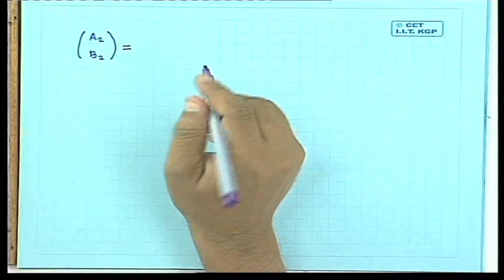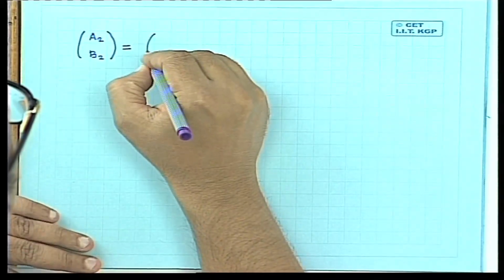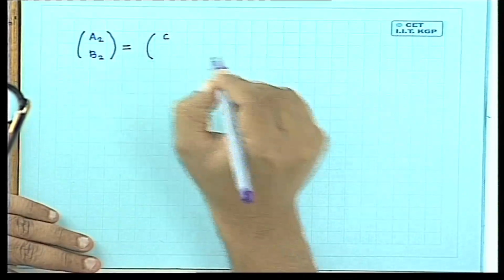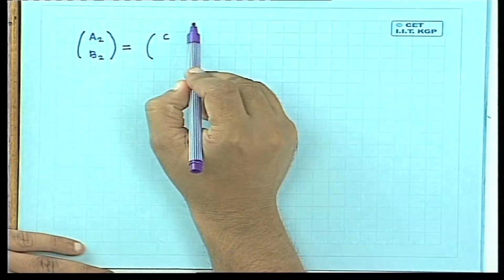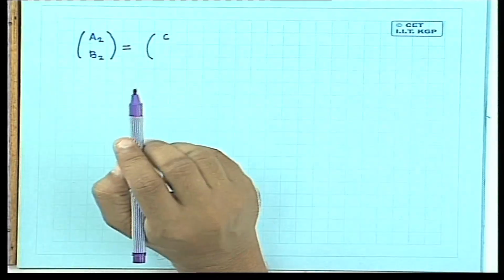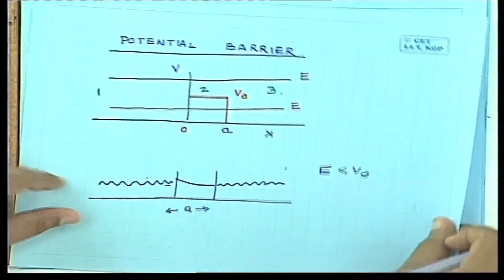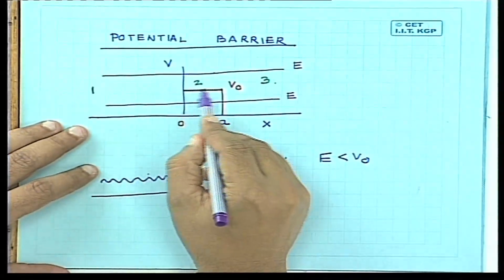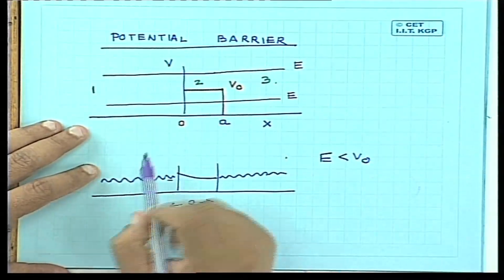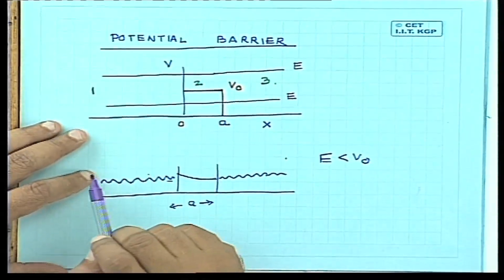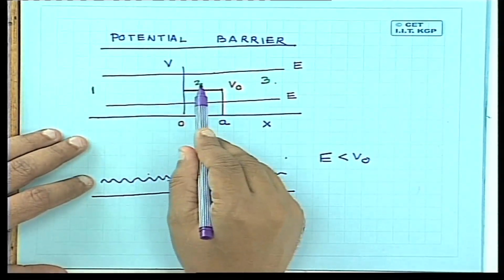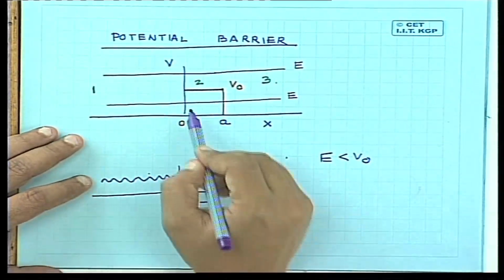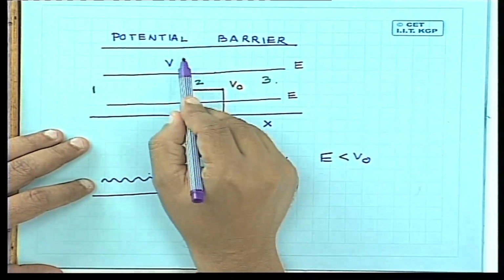This is equal to C, and if you remember the expression, we had C e to the power i delta 1, but the potential step over here is at x equal to 0, so the phase is 0. Delta 1 was (k1 minus k2) into a, where a was the position of the step.